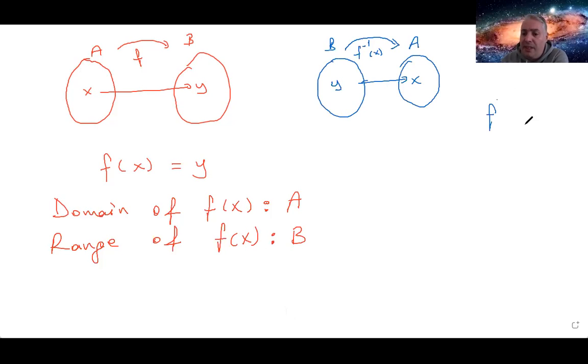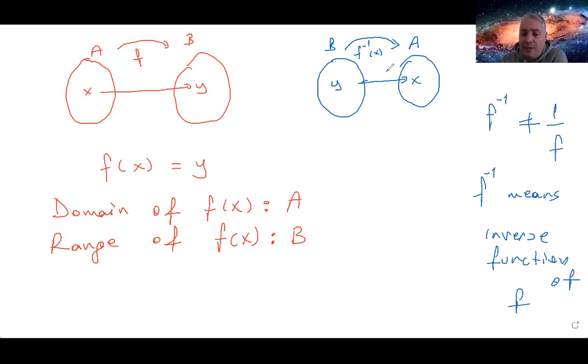This notation does not mean 1 over f. It's not true. f inverse means the inverse function of f. Okay, so here I can say that f inverse of y is equal to x.